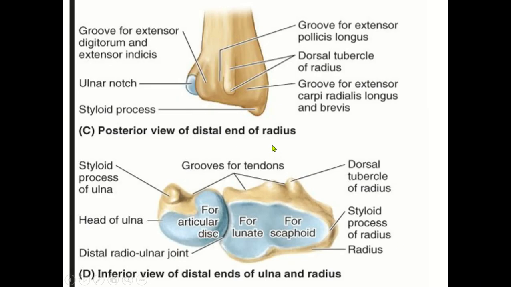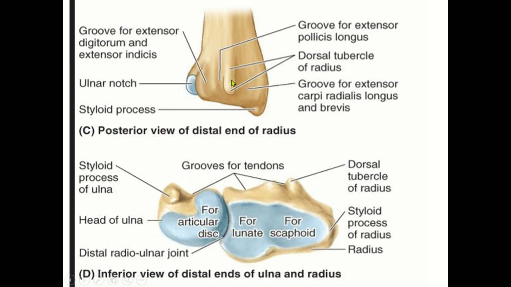So in this diagram we can see this is a posterior view of distal end of radius. This is the groove for the extensor digitorum and extensor indicis muscle, and this groove is present for the extensor pollicis longus.